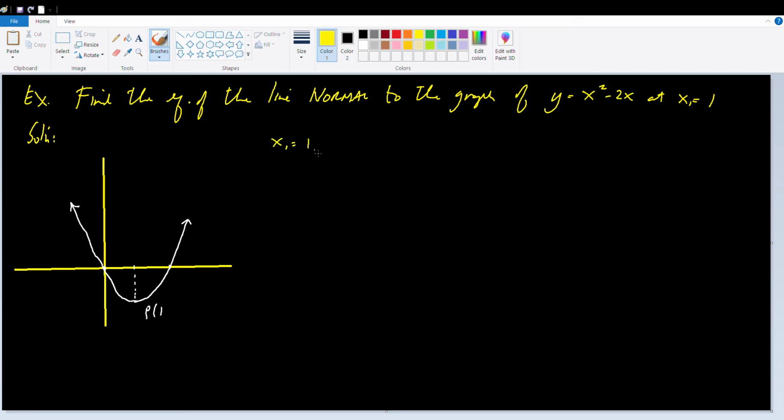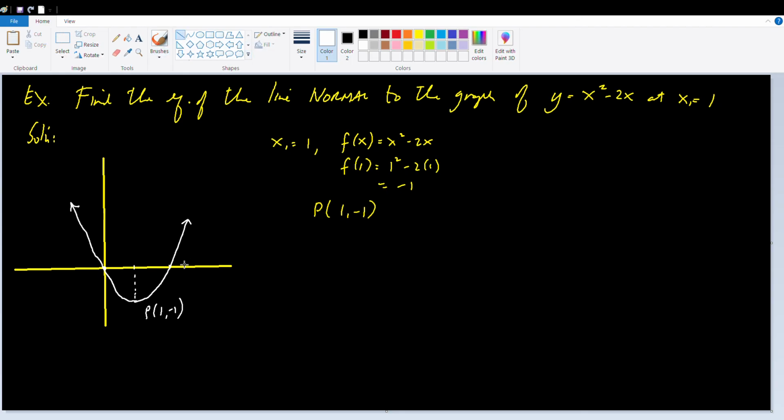x sub 1 is 1. So our f of x is x squared minus 2x. So f of 1 is 1 squared minus 2 times 1, which is negative 1. So the point is 1, negative 1.